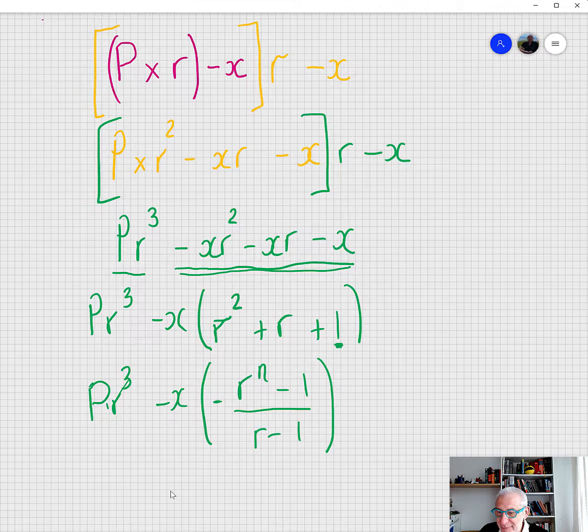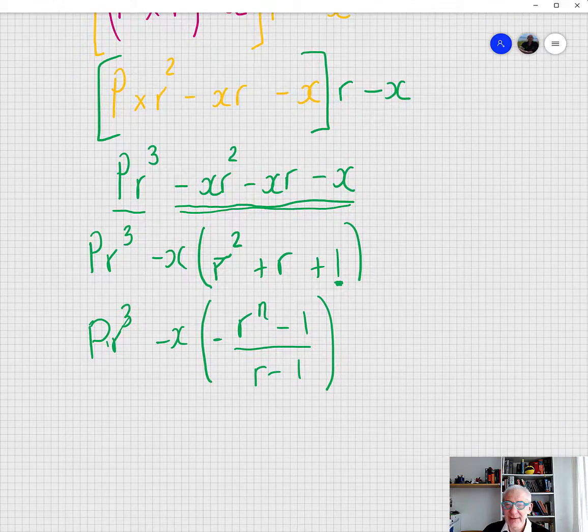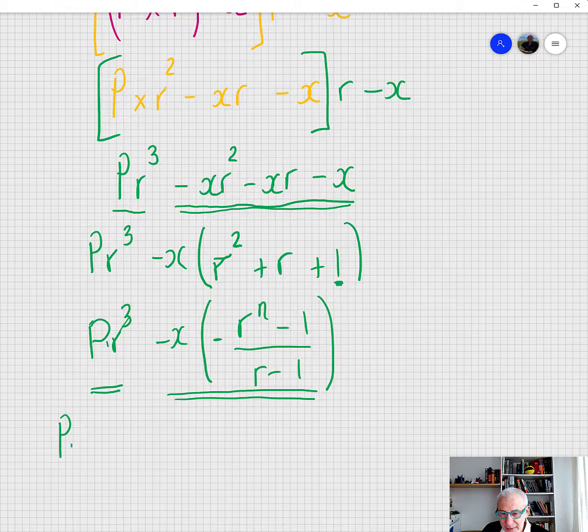So now we have a formula we can work with, because when we pay off a loan, this number here is balanced by this number here, and the balance comes to 0. So we can write that PR to the n is equal to X into R to the n minus 1 over R minus 1.